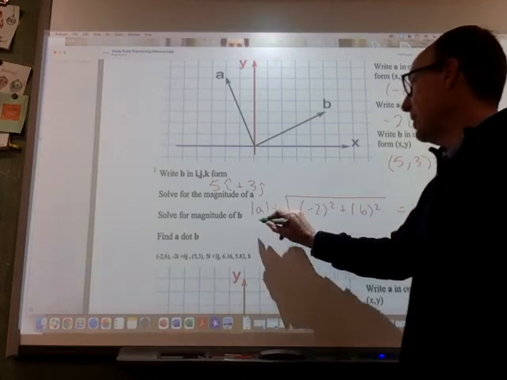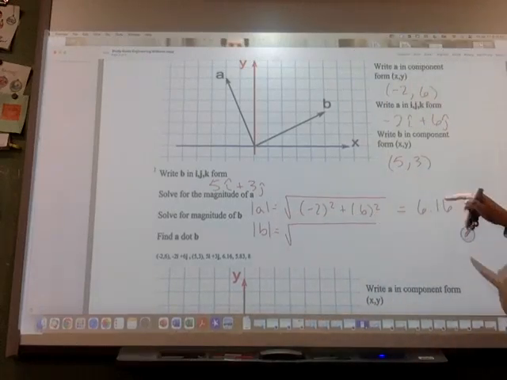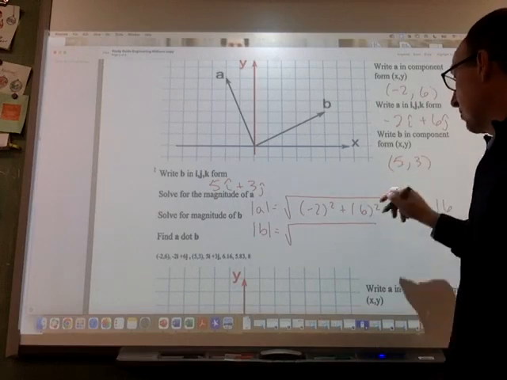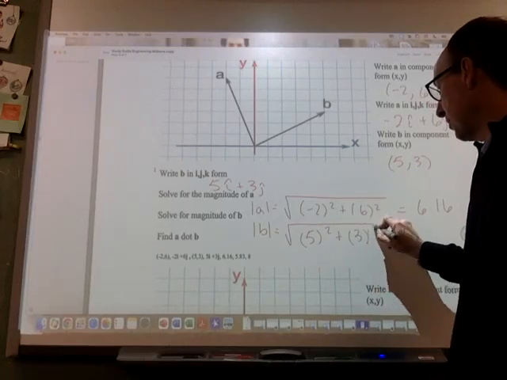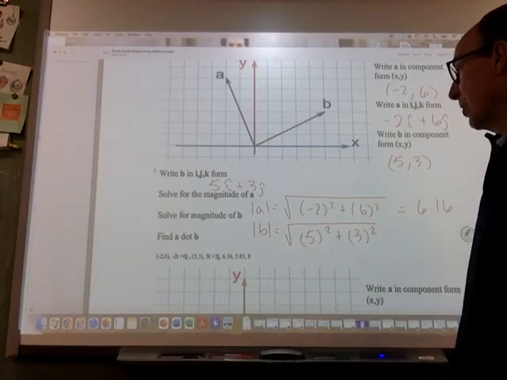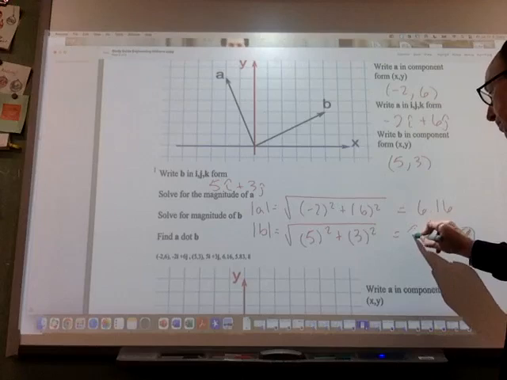The magnitude of B is going to be the square root of the sum of the squares, which is 5 squared plus 3 squared, square rooted, which is going to end up being 5.83.